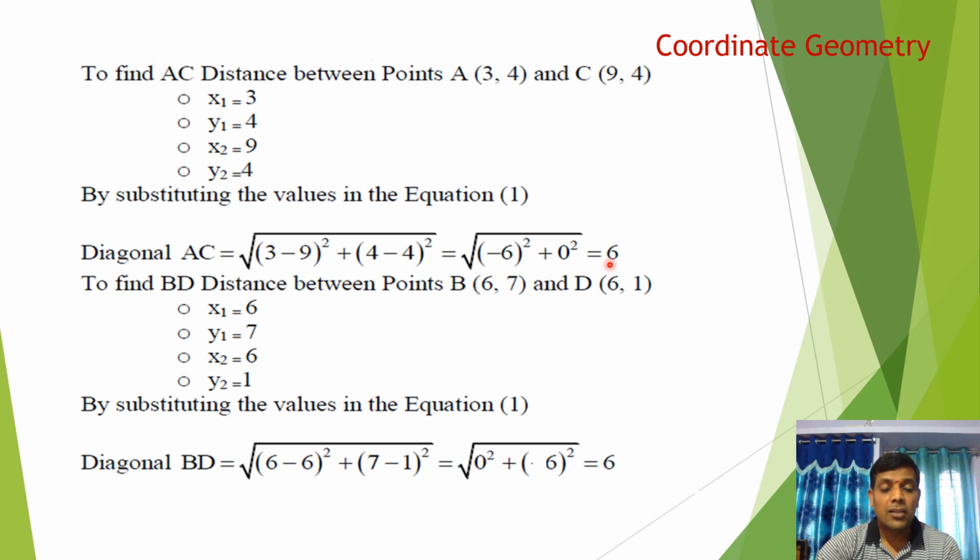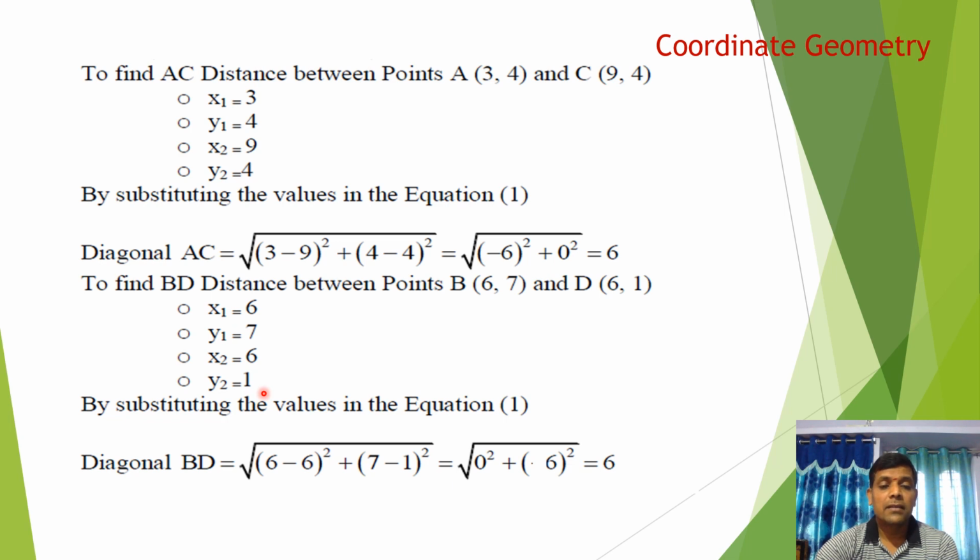Now another diagonal, BD. So find the distance between B and D. So write the coordinates. Here B (6, 7) and D (6, 1). So the coordinates are x1 equals 6, y1 equals 7, x2 equals 6, y2 equals 1. So substitute the coordinates in the given distance formula.